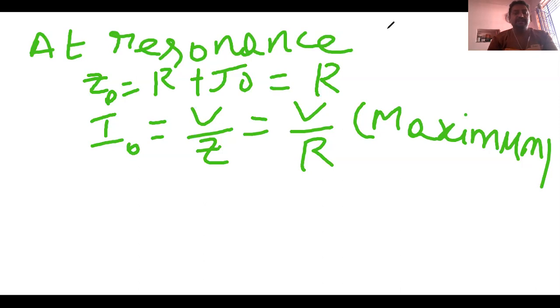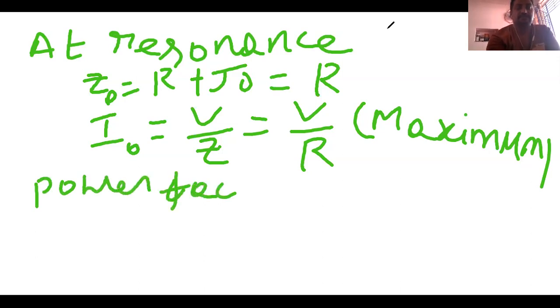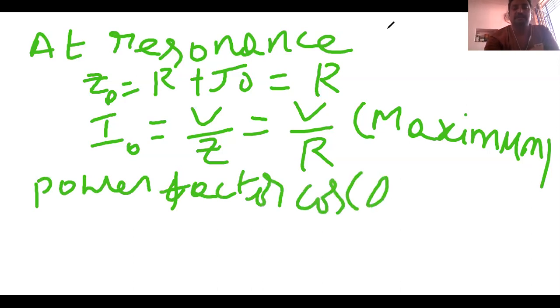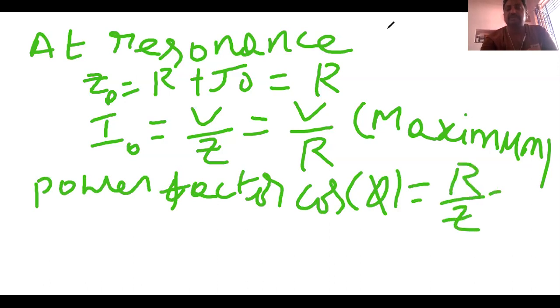Then we need the power factor. What is the power factor? Cos phi, the cosine of the angle between voltage and current. This cos phi is equal to R by Z. What is the value of Z? R only. So R by R is equal to 1.